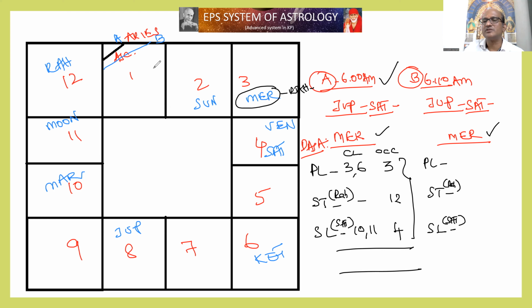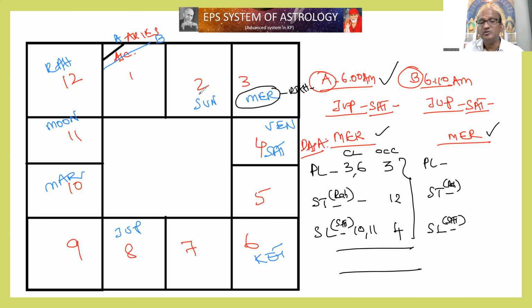For 1 degree it is 4 minutes, so 2 degrees for 8 minutes; for approximately 10 minutes, the Lagna will change by approximately 2.5 degrees. Similarly, all the other cusps will also have some progress in their movements. The cuspal movements will be a little different because the cusps are fast moving.